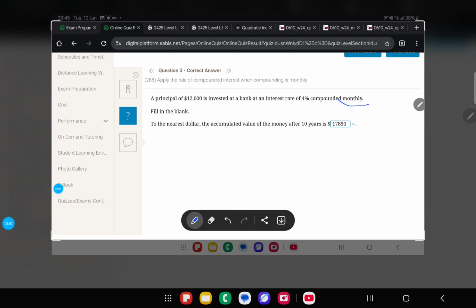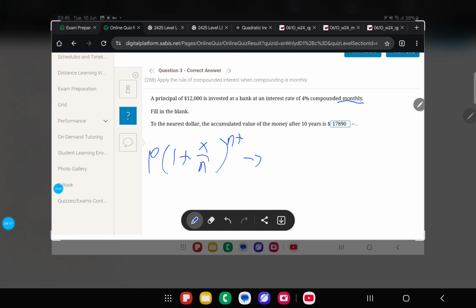For annually, we said it was P times 1 plus x over 100 to the power of t, right? Now we want it to be monthly. The rule for monthly is P times 1 plus x over n, where n is the number of months, to the power of nt.